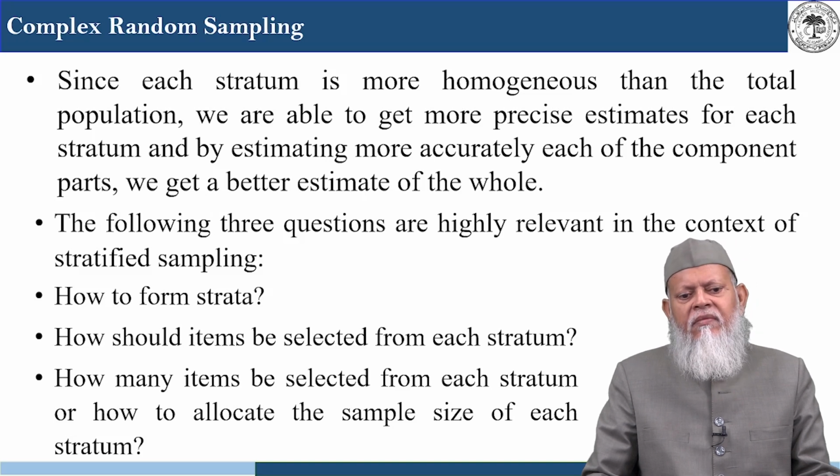Then how should the items be selected from each stratum? The best thing is of course simple random sampling, because complex random sampling is a method which combines both non-random and random sampling.